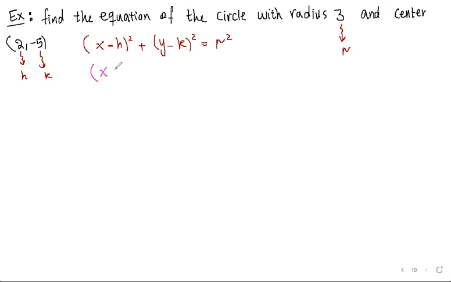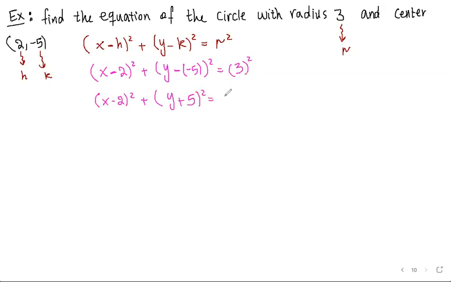Just plug inside this formula. So plugging inside this formula, x minus h is x minus 2 square plus y minus k, y minus negative 5 square, equals r square, which is 3 square. Now simplifying this formula, I get x minus 2 square plus y plus 5, negative times negative is positive, square equals 3 square, which is 9.